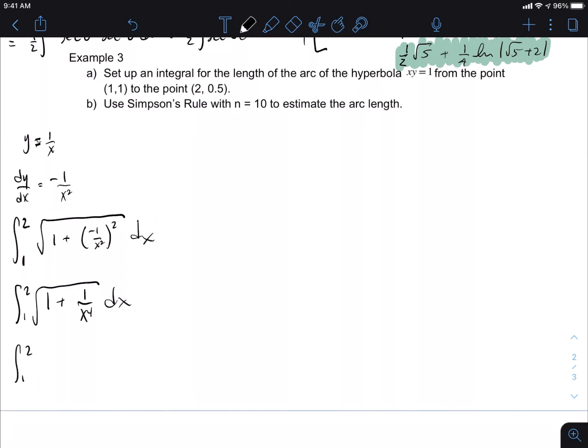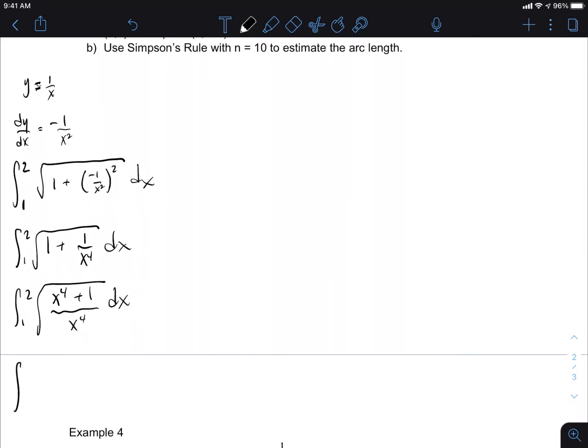And then you can see how this becomes an ugly integral. Now, we could clean that up just a little bit more, and the integral would have been, I can write it right here.